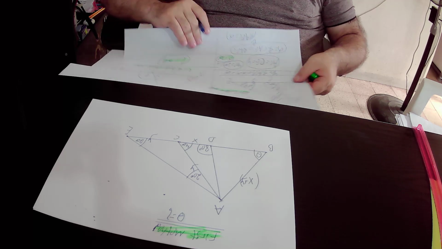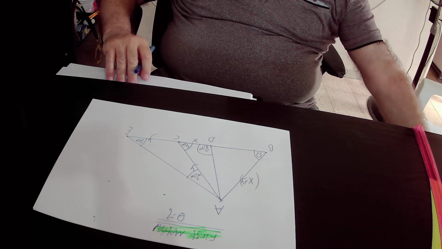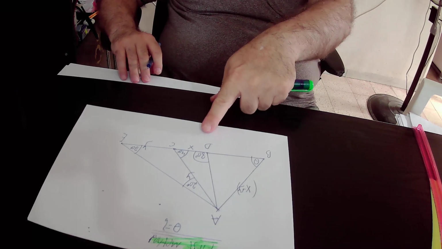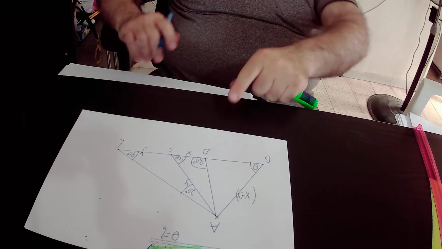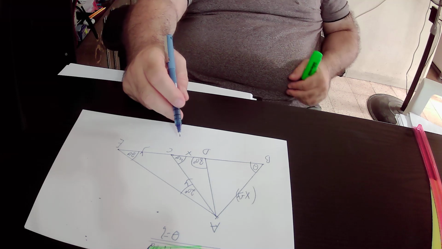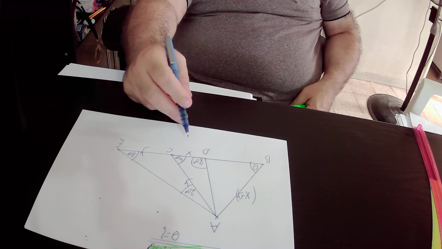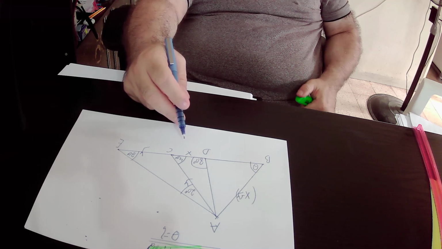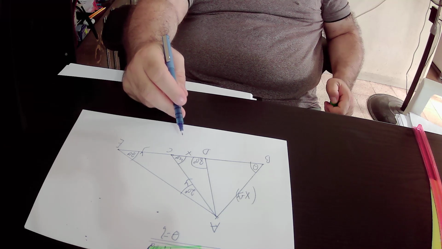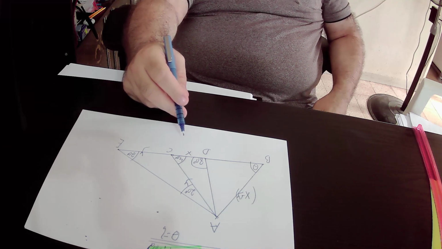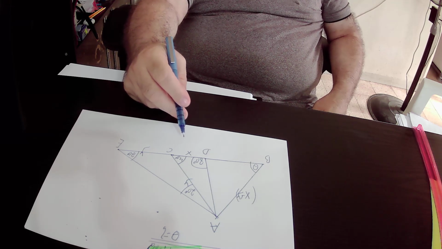In the next step, we'll focus on triangle ADC. In triangle ADC, this angle equals 80 degrees, this angle equals 40 degrees, and the sum of those two angles, 80 degrees plus 40 degrees, is 120 degrees.